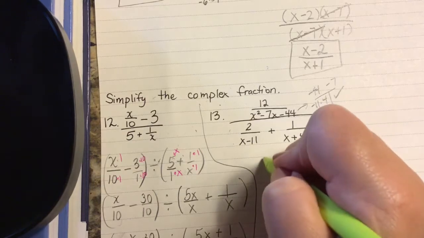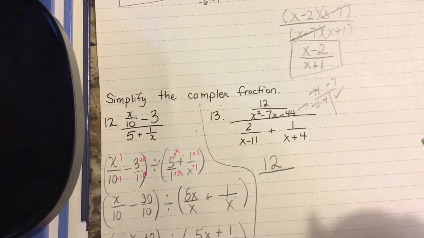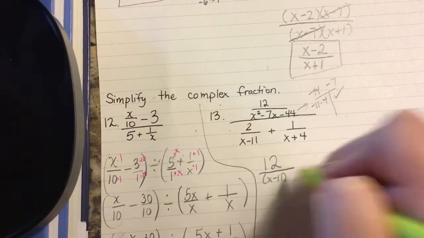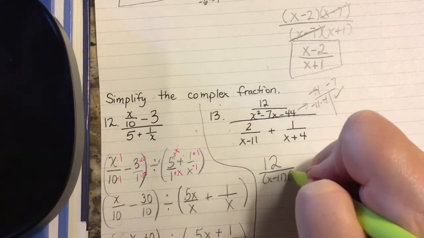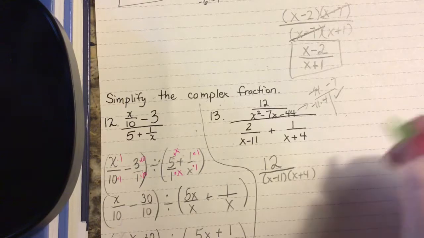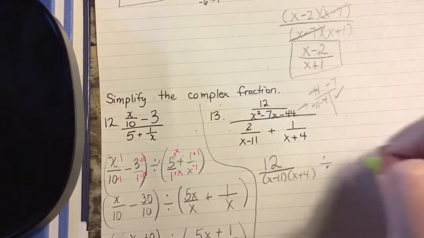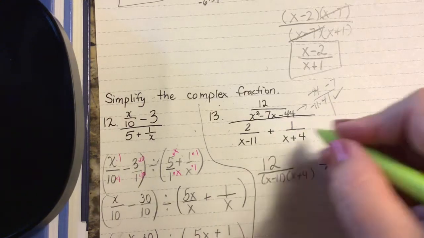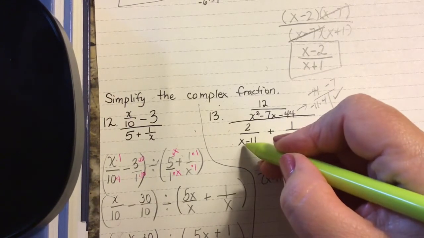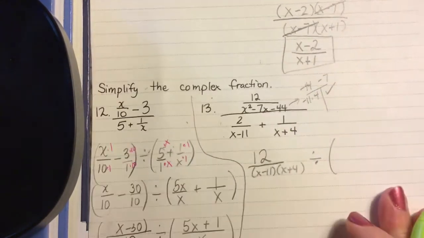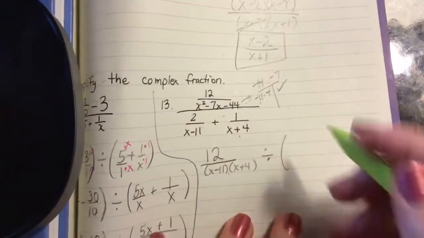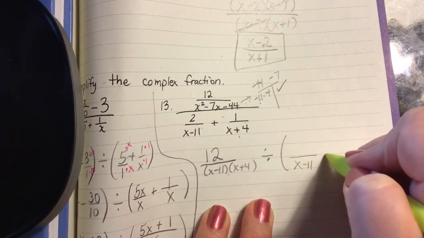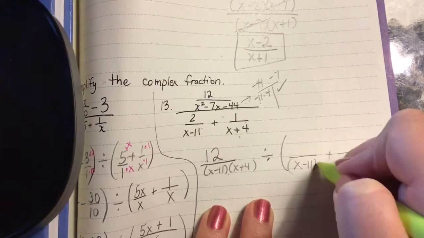Okay, so I'm going to bring down 12 divided by x minus 11 times x plus 4. And it's being divided by, and I need to find a common denominator. X minus 11 can't be factored, x plus 4 can't be factored, so their common denominator is going to be x minus 11 times x plus 4.